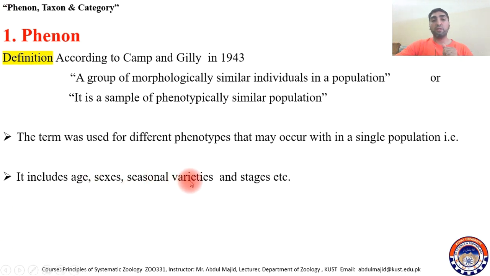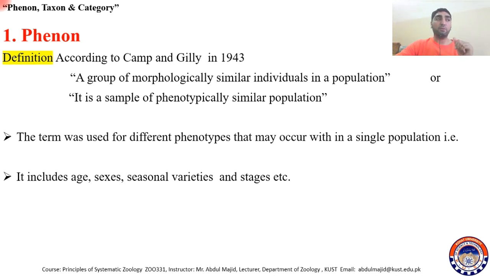Then there are seasonal varieties. There are some animals which have different varieties in different seasons. Sometimes they shed their fur or their feathers in one season, and in another season they regrow their fur or their feathers. So the seasonal varieties are also different.